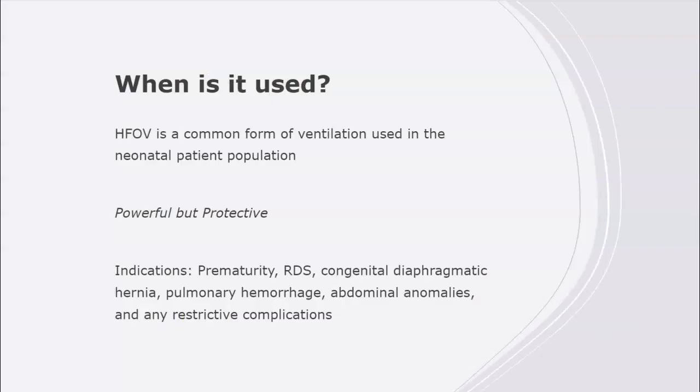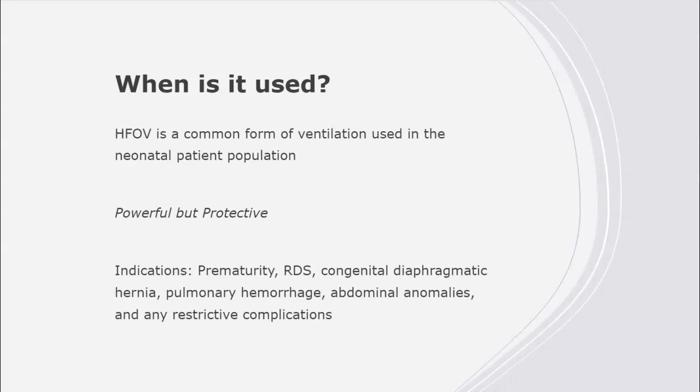Okay, so when is it used? When is it indicated? Because sometimes that's a question of when do I use this? When do we put it on a baby? It is a common form of ventilation in the NICU and with neonatal populations. I like to call it powerful but protective. If you want power, if you have very stiff, hard to ventilate lungs, the oscillator is the knee-jerk reaction to go to.